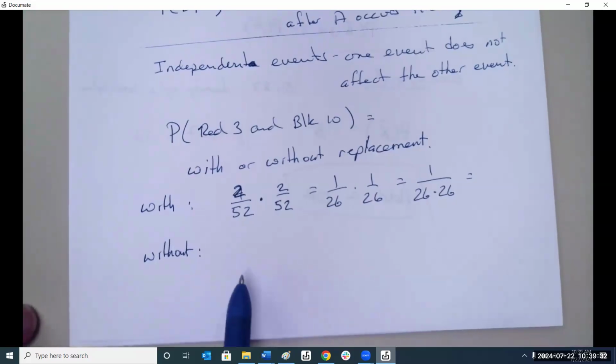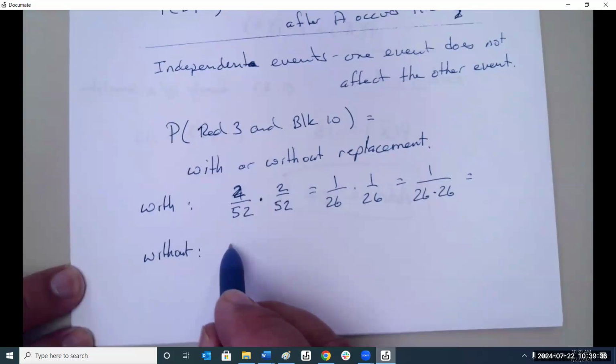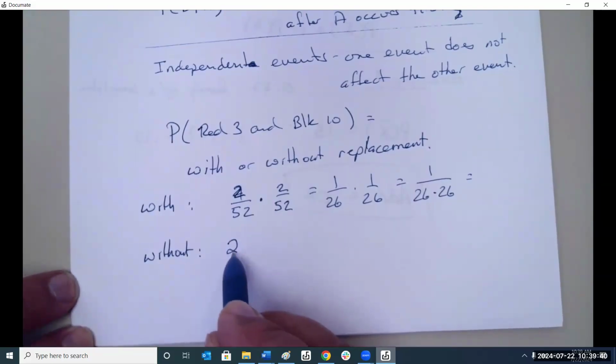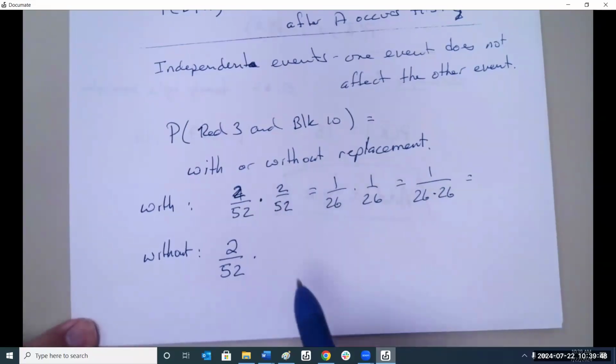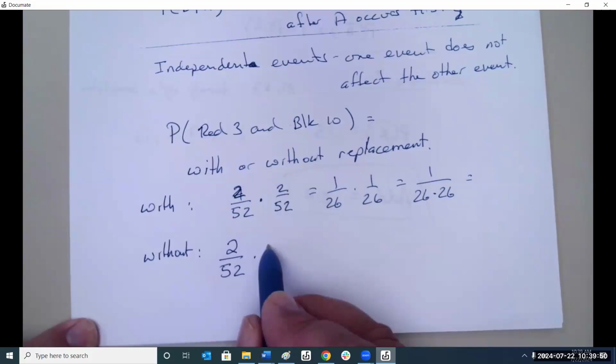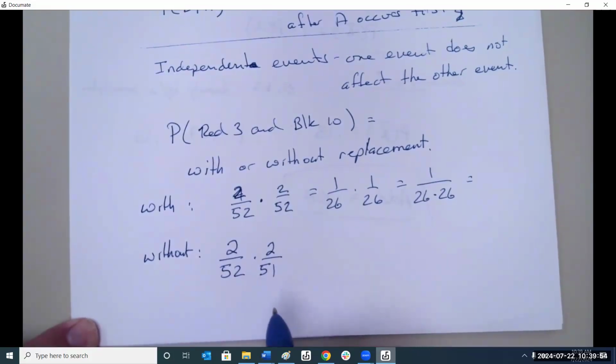Now let's look at without replacement, the probability of a red 3. There are 2 red 3s out of 52, and we keep it. It's without replacement. So how many black 10s are there? 2. Oh, 1? Because we kept one of the cards. So it's 2 over 51 now.